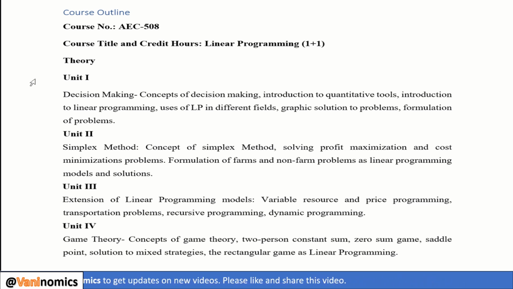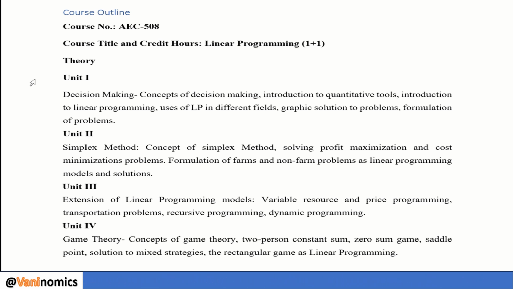We'll also talk about transportation problems, its assumptions, its mathematical formulation, then how to solve it, how to find the optimal solution, how to revise the solutions. Then we'll also talk about recursive and dynamic programming only very briefly.